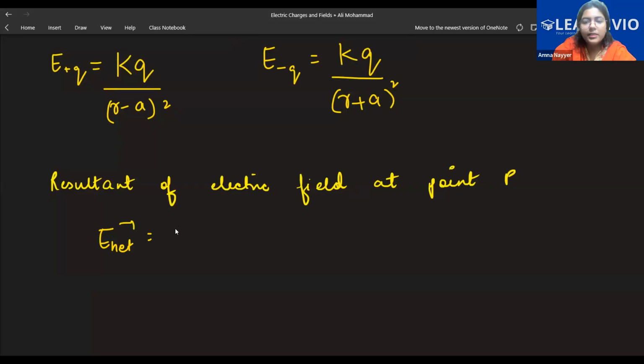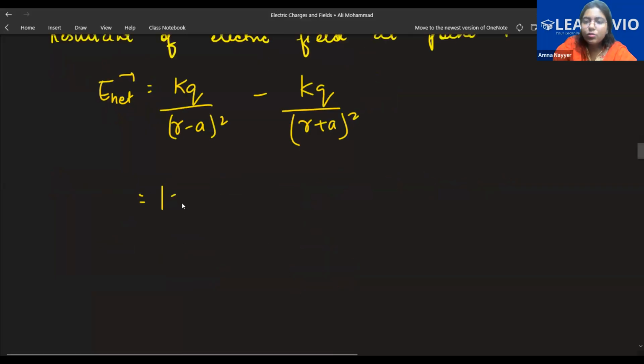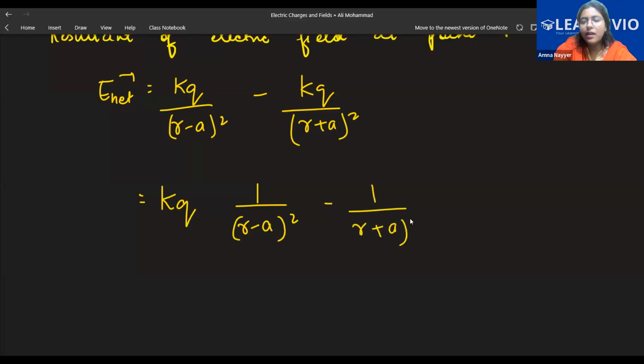See, this will be KQ by R minus A whole square minus KQ by R plus A whole square. In order to solve this, I will take KQ out and I will have 1 by R minus A whole square minus 1 by R plus A whole square left.